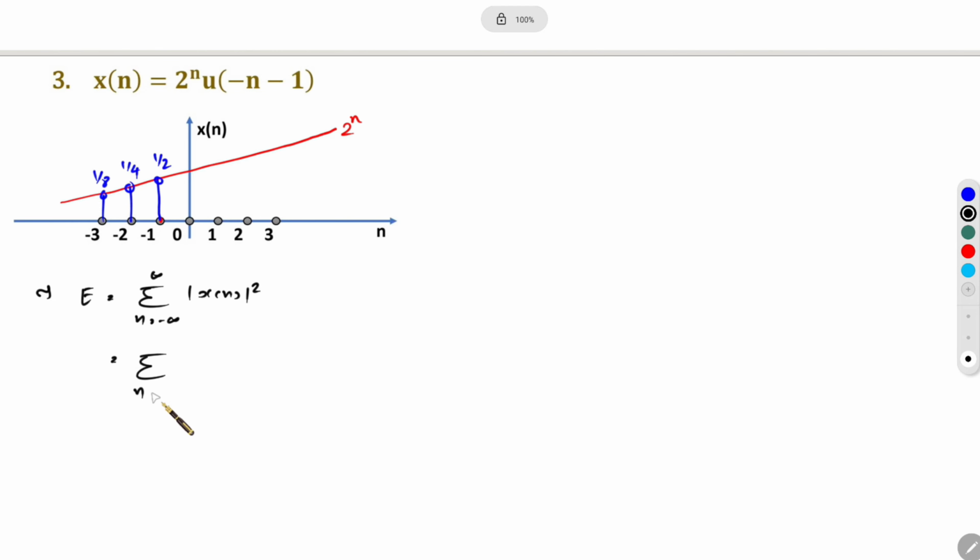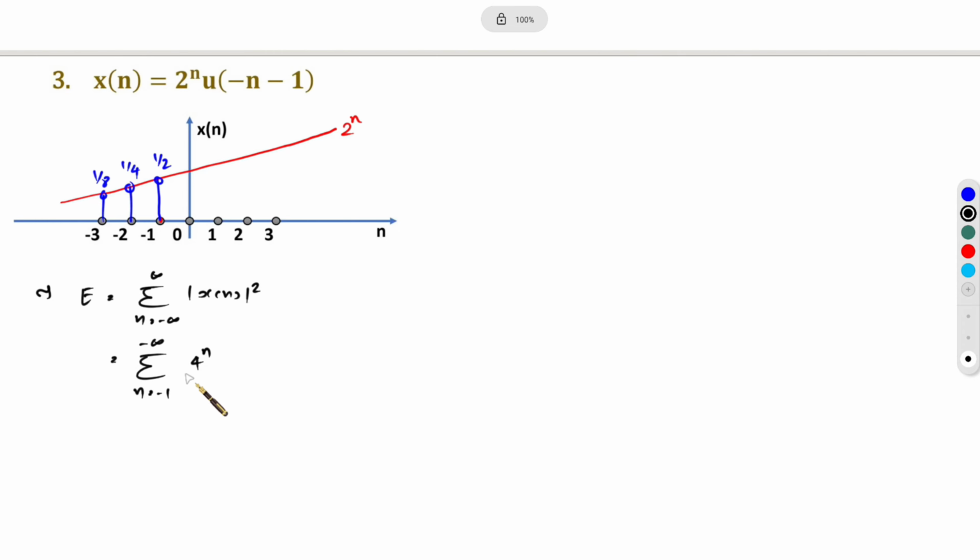So small n is ranging from minus 1 to minus infinity. At that time it is 2 to the power n. So 2 to the power n whole square means we have 4 to the power n, right? Now here we have a range from minus 1 to minus infinity, right?